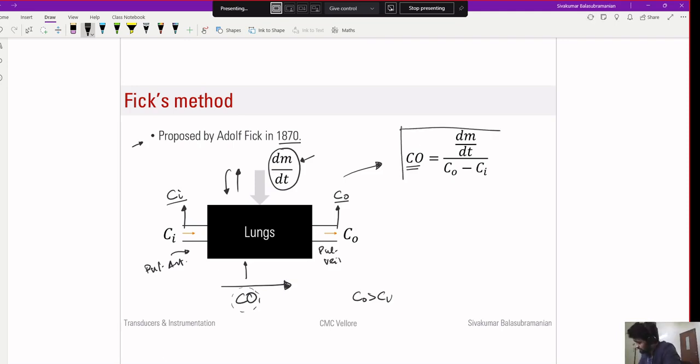Simply this. Does that make sense? The ratio of the rate at which oxygen is absorbed in the lungs divided by the difference in concentration between the output and the input will simply tell you the flow rate.